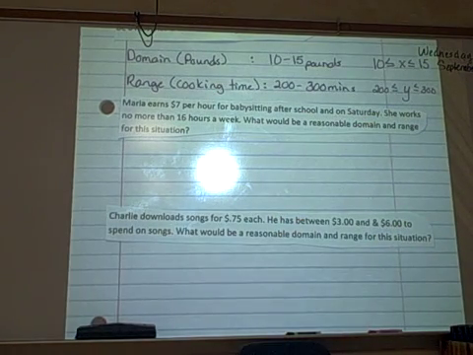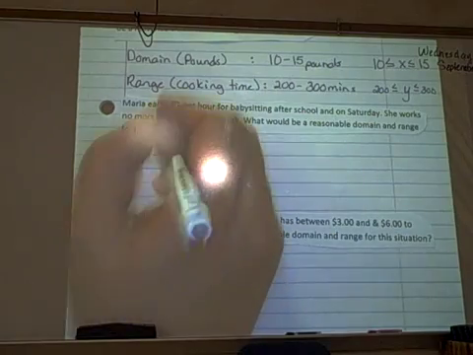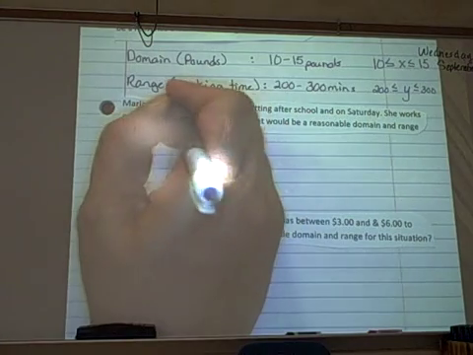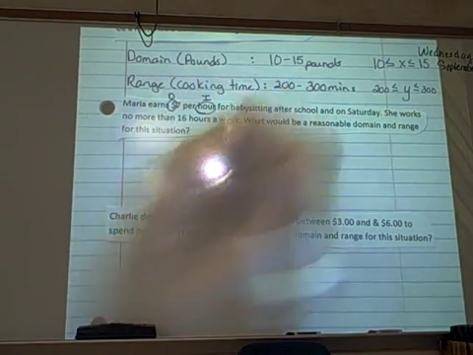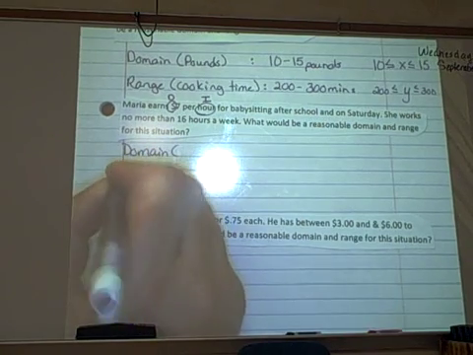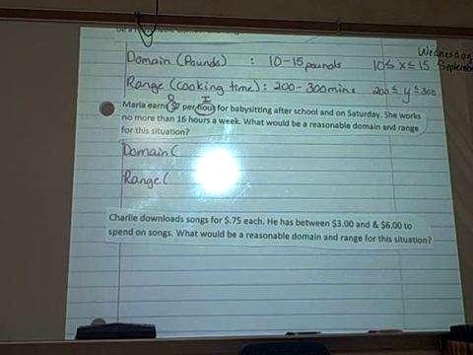Okay, so Maria on the next one. Maria earns $7 per hour for babysitting after school and on Saturday. She works no more than 16 hours a week. What would be a reasonable domain and range for this situation? We decided the other day that her money depended on her hours. So domain goes with which one?